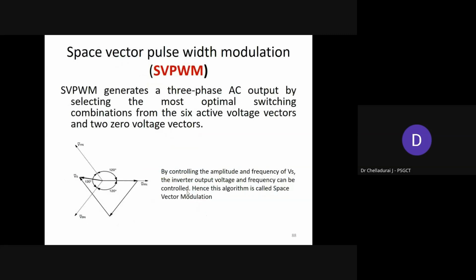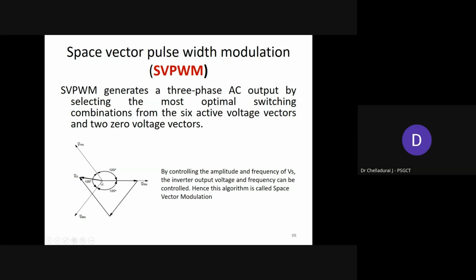The next very popular PWM technique is the space vector pulse width modulation technique. It is not like the conventional sinusoidal pulse width modulation technique. With the help of this technique, the switches' on period and off period are simply decided with the help of this vector.